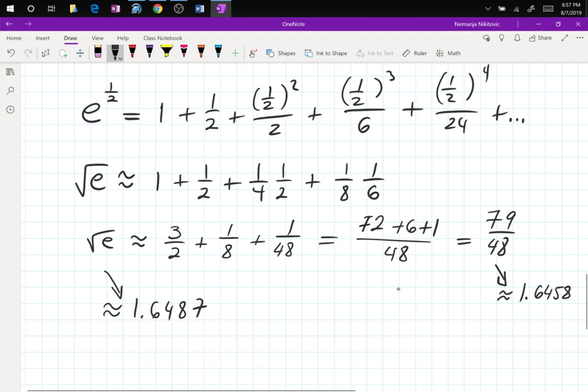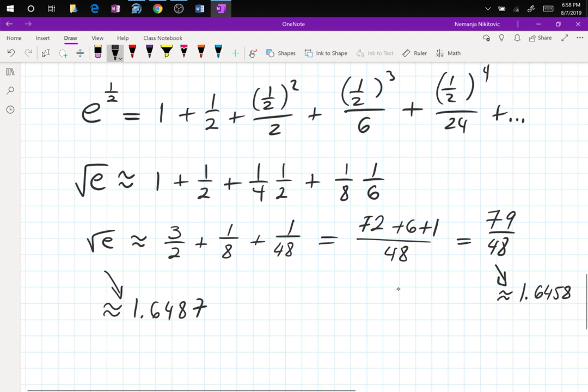I can approximate sine of 17 degrees like this, as long as I know the power series for sine. If you don't know the power series for sine, well, then that's an issue.